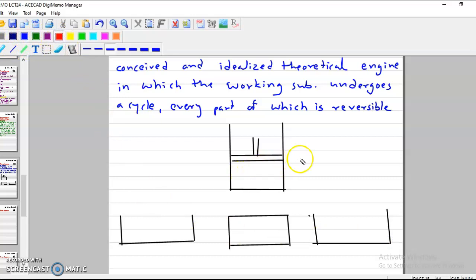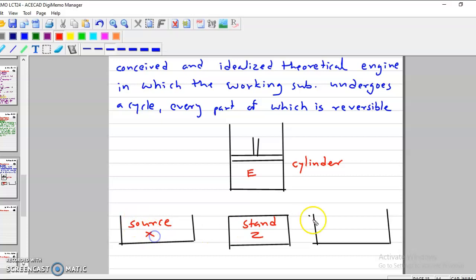This cylinder and piston, which become a system, and this is called E system. This is an insulated stand Z. Here this is the source of heat.